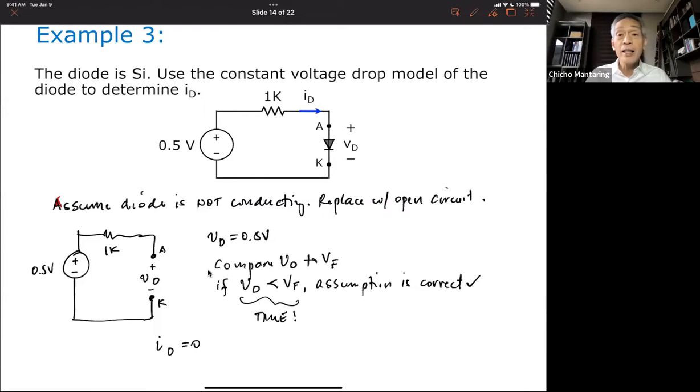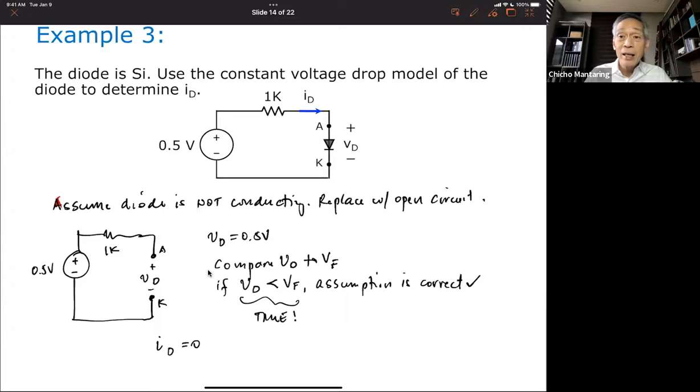Okay. So this is the second method of determining whether a diode is conducting or not conducting. So again, the first method, you start with the assumption that it is conducting. The second method, you start with the assumption that it is not conducting. But this time what you get is the open circuit voltage across the diode terminals.